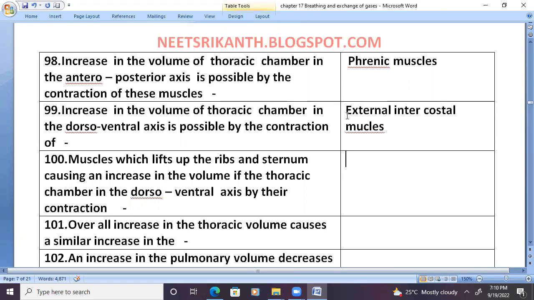These muscles lift up the ribs and sternum, causing an increase in the volume of the thoracic chamber in the dorsoventral axis by their contraction.